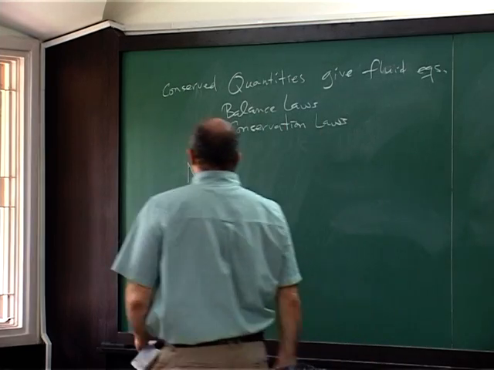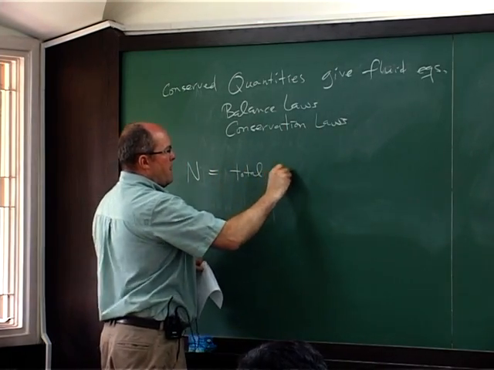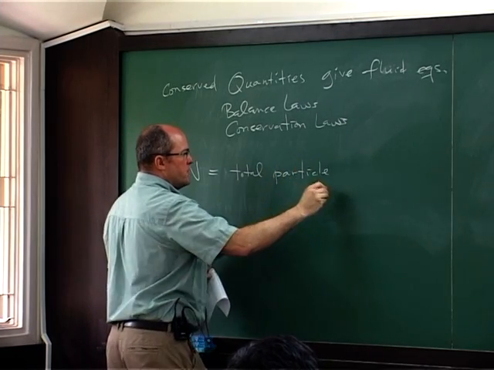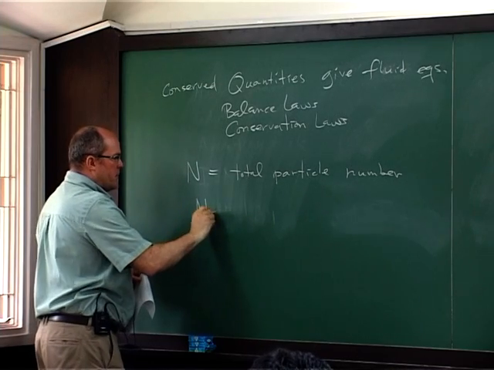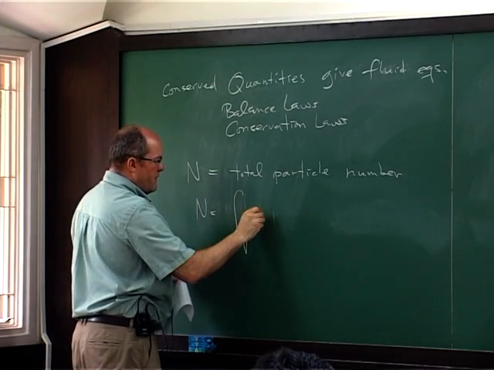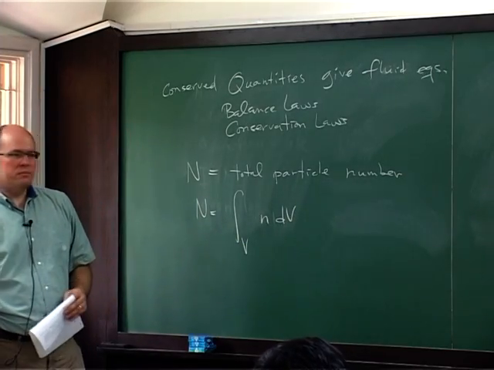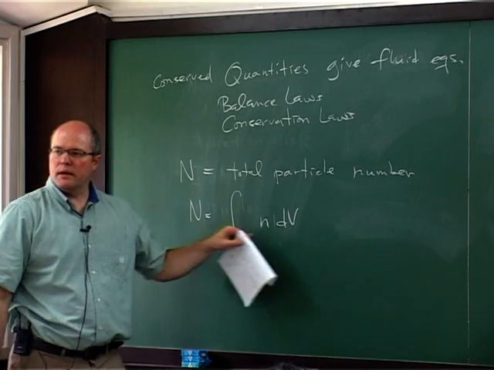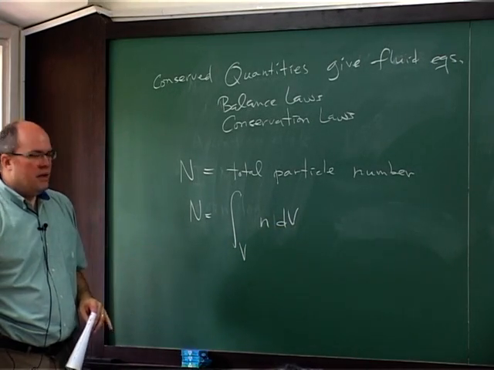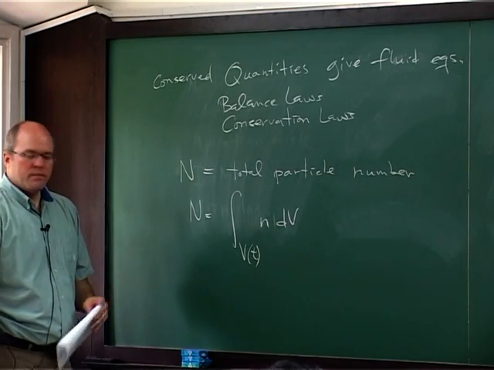This total particle number should be conserved, and it can be written in terms of a density, which I'll write as little n. I take the number density and integrate over the volume, which gives me the total particle number. As I said, this volume can change in time.